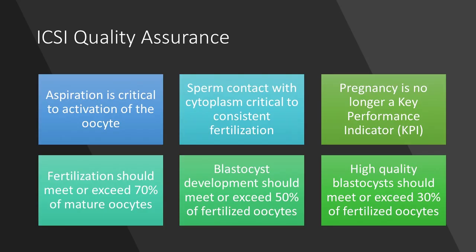To summarize this lecture, I'd like to make some final points on maximizing your ICSI growth process. If you're getting 1PNs, note that there are one or two polar bodies. If there's one polar body, you probably need to aspirate more to activate the oocyte. If you're getting two polar bodies, then the egg is activating and your aspirations are good.